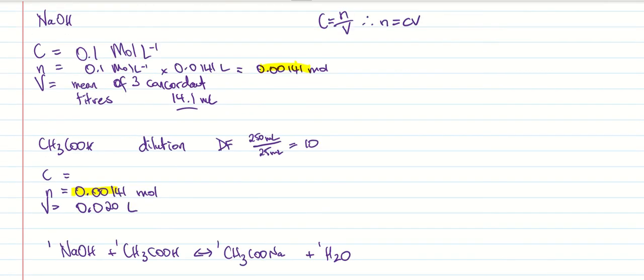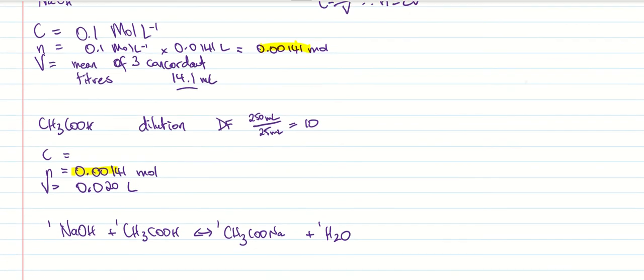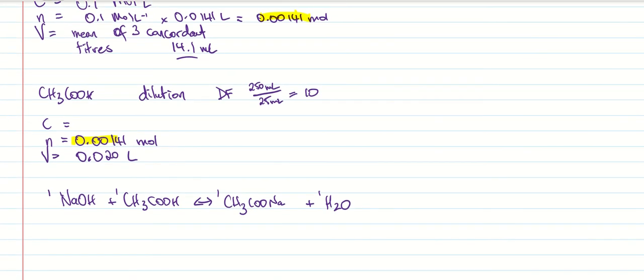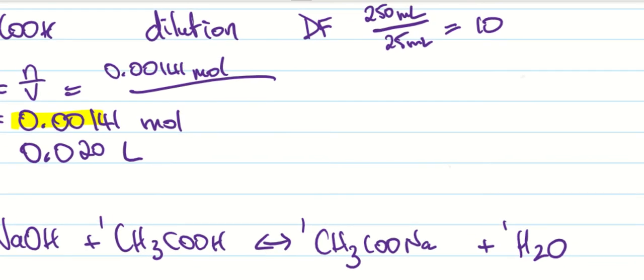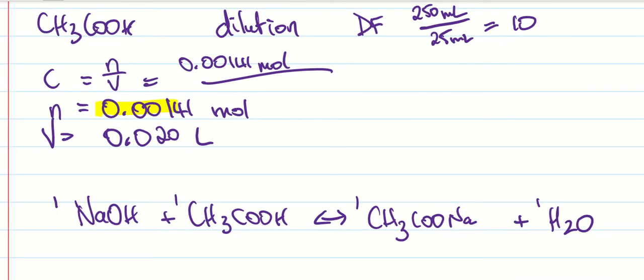Next step is that we're going to have to work out the concentration. Now remember, our formula is C equals N on V. So C equals the number of moles over the volume, 0.00141 moles, I'm running out of space here, maybe I'll just zoom it up a bit, over 0.02 litres. Now that will give us an answer in moles per litre.